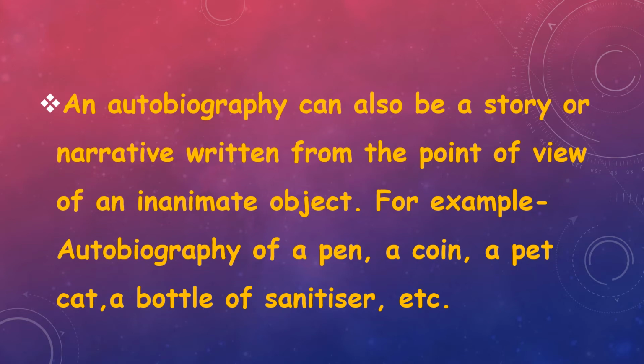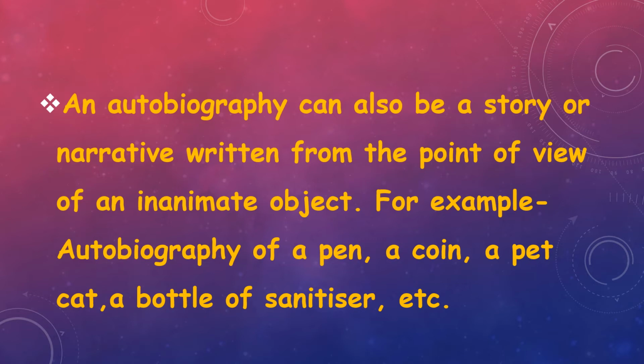But as far as your exams are concerned, you could be asked to write an autobiography, which is a story or a narrative written from the point of view of an inanimate object. For example, autobiography of a pen, a coin, a pet cat, a bottle of sanitizer, a chair, a table, the pencil box, the tiffin box, your comb, the newspaper, the list is endless.